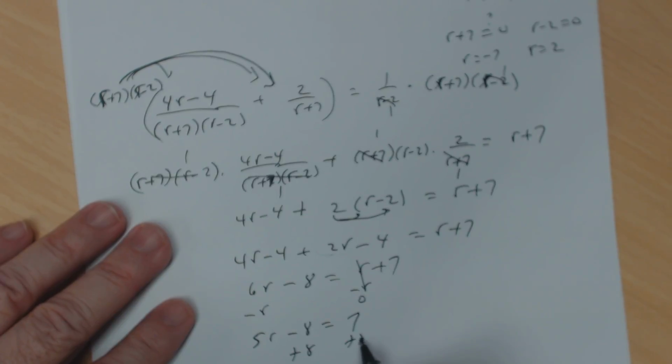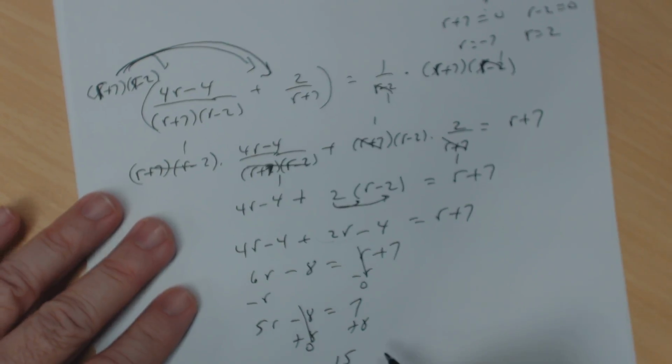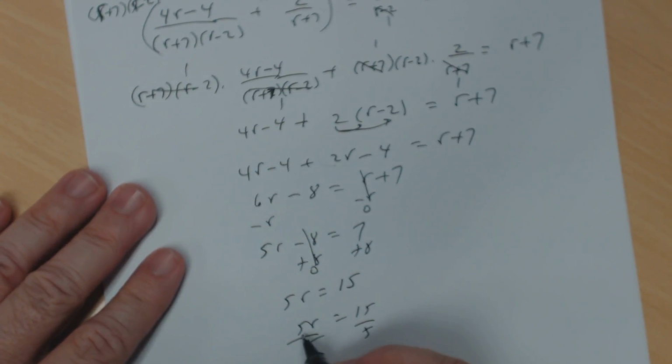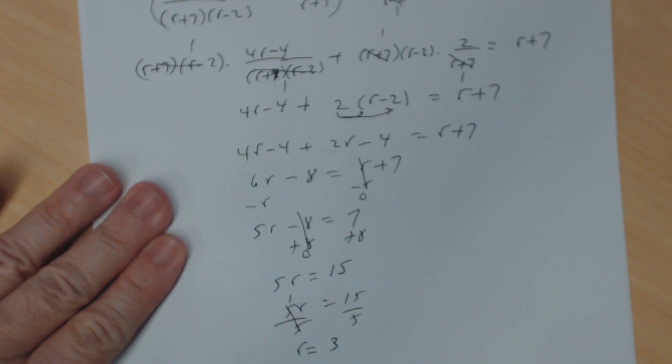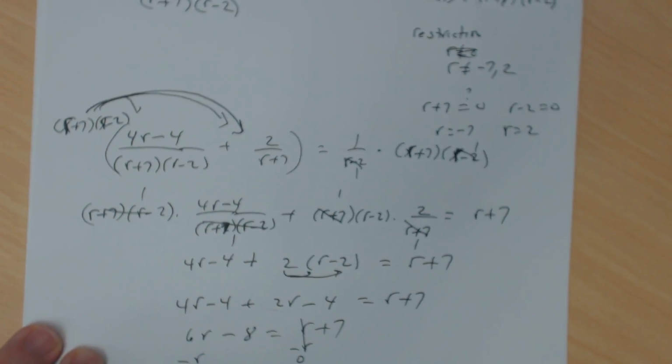Adding 8 to both sides, negative 8 and 8 is 0, I get 5r equals 15, and then divide both sides by 5. 5 divided by 5 is 1, 1 times r is r, and 15 divided by 5 is 3. All right, and notice that 3 is not a restriction, so I'm good.